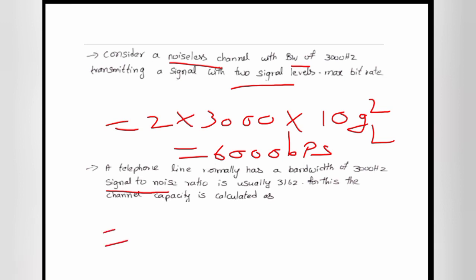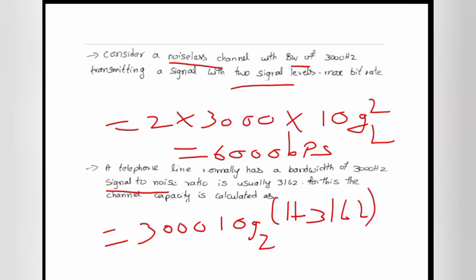Bandwidth is 3000 hertz. So 3000 log base 2 of 1 plus signal to noise ratio, which is 1 plus 3162.